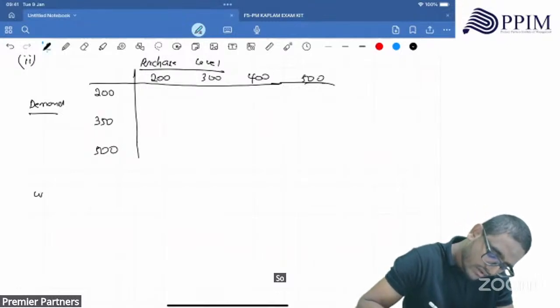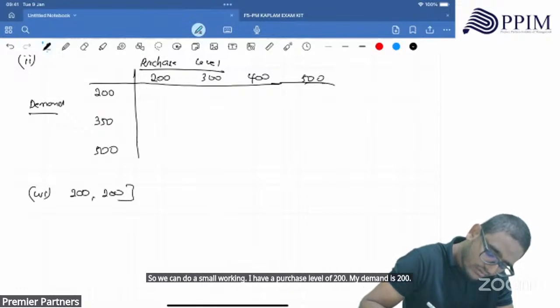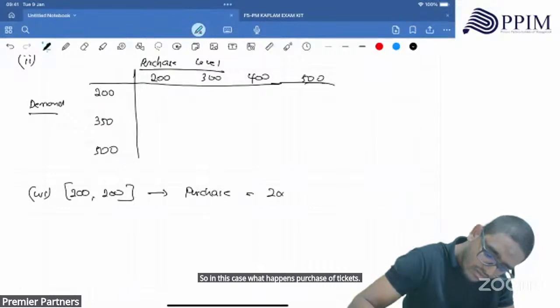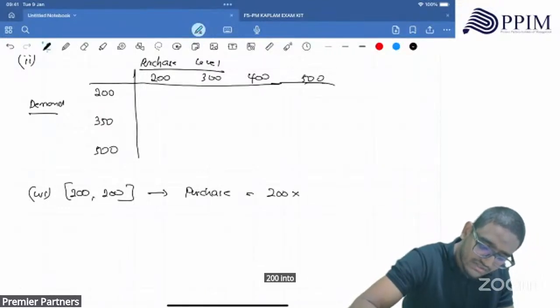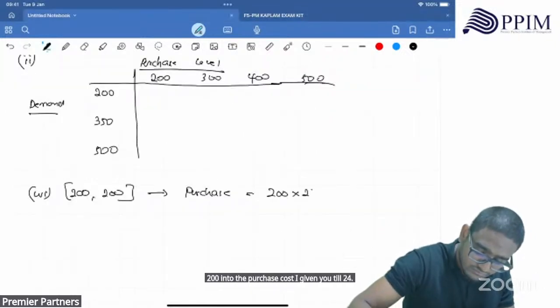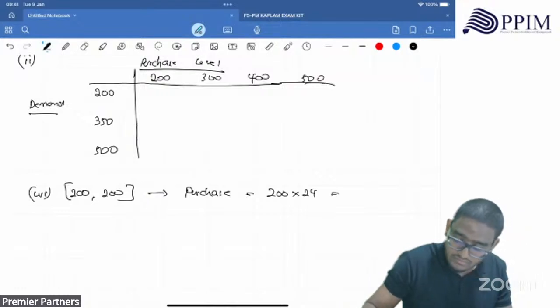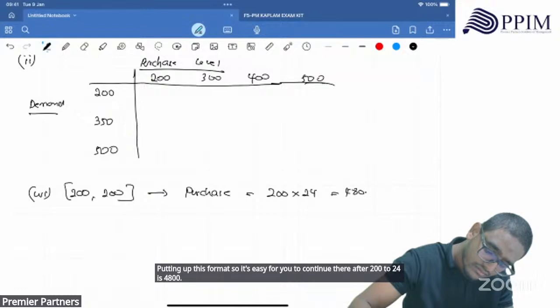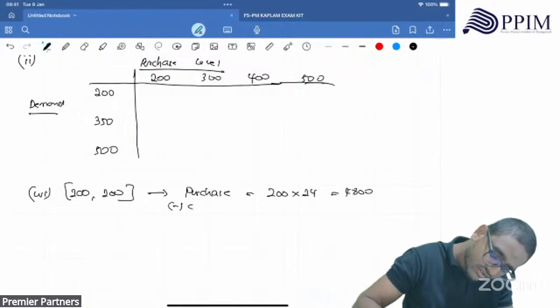So we can do a small working. I have a purchase level of 200, my demand is 200. Purchase of tickets, 200 into the purchase cost I gave you, 24, is 4,800.